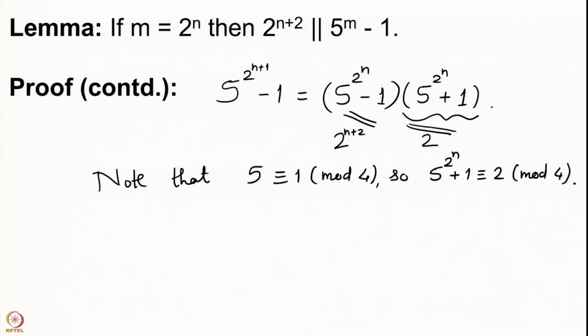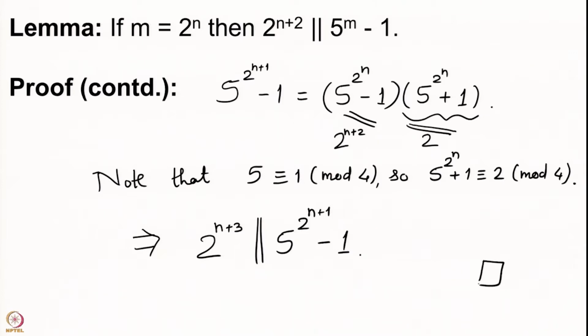And so, collecting the powers of 2, we get that 2 to the n plus 3 divides 5 to the 2 to the n plus 1 minus 1. So, by induction we are done with this proof.